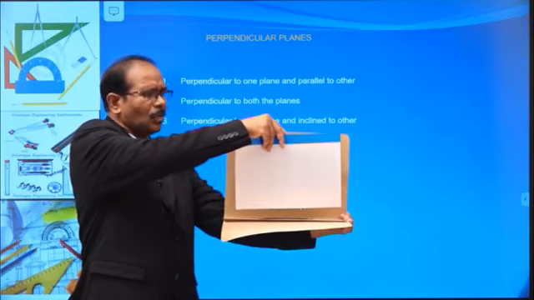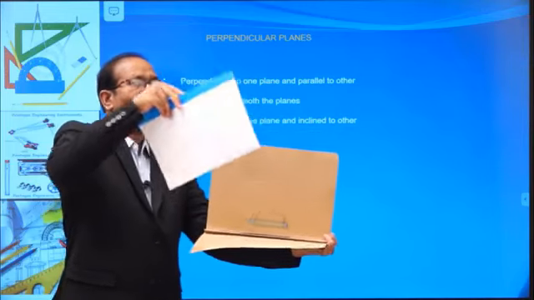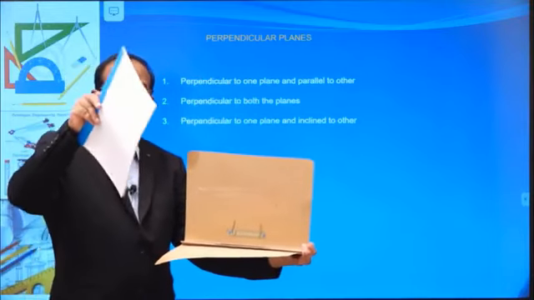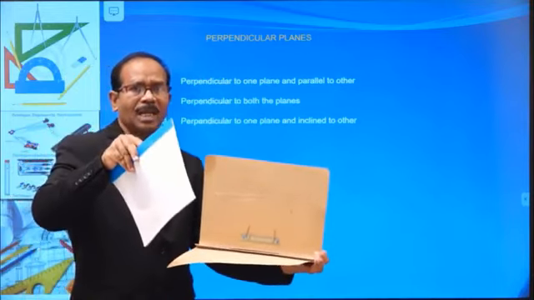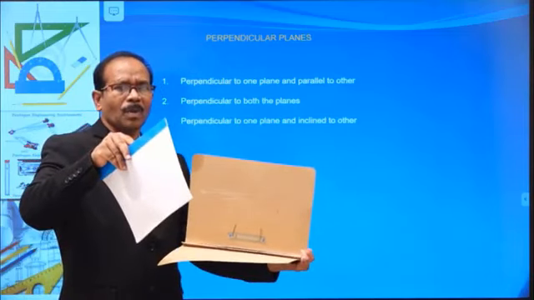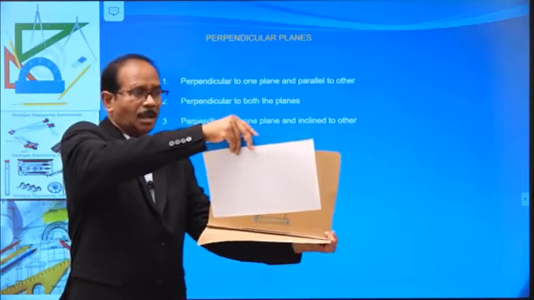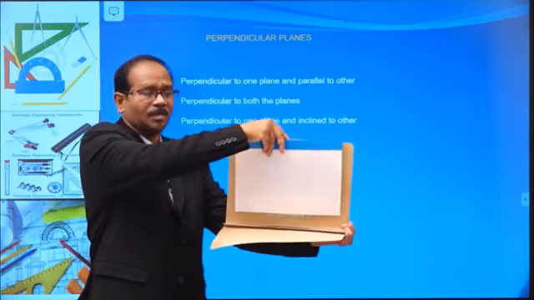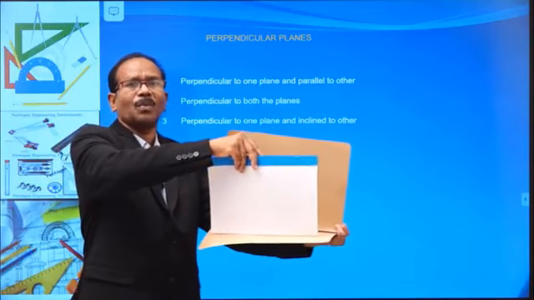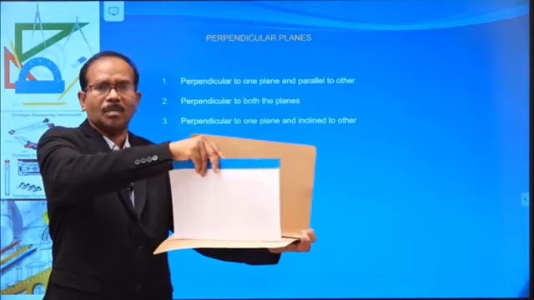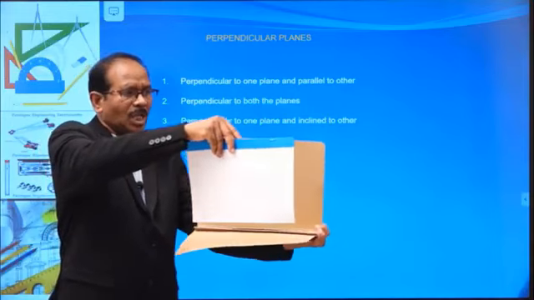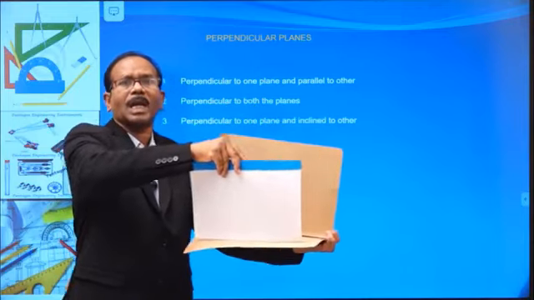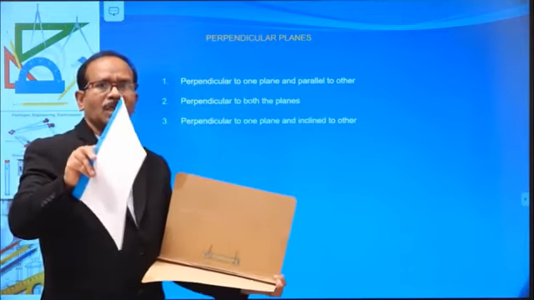When a plane is parallel to a reference plane, we get the true shape on that plane. This plane is parallel to VP, so in VP we get the true shape. In HP only a line will come.